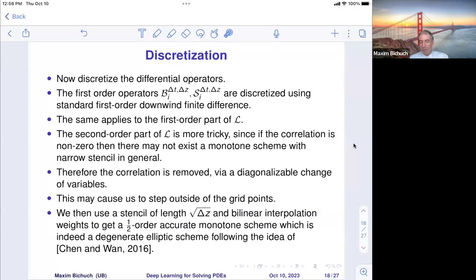Luckily, there is a way out, right? One way to address it is, of course, to try and remove the correlation. So you can diagonalize the operator via a change of variables. That works nicely. That's again very classical. But then the resulting problem is that you'll be stepping outside of the grid points. So that's the price that you have to pay.